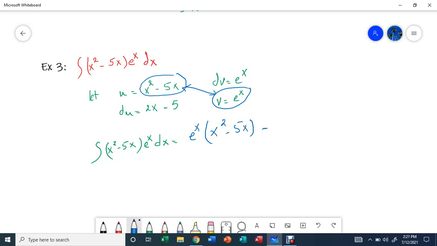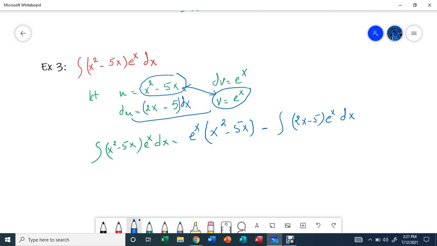And you subtract the integral of v du, so you subtract e to the x, oh, I forgot dx, so 2x minus 5 dx, times 2x minus 5 times e to the x dx.